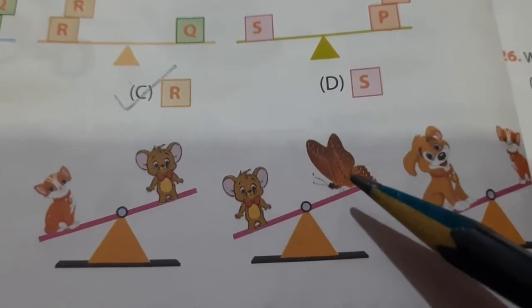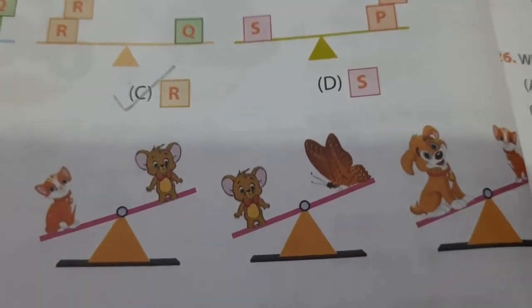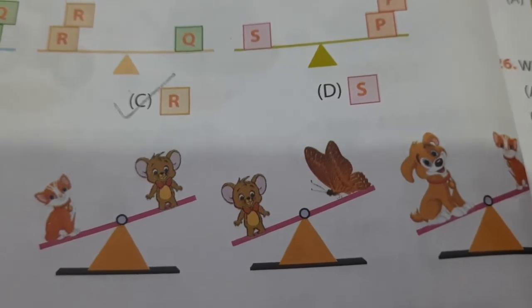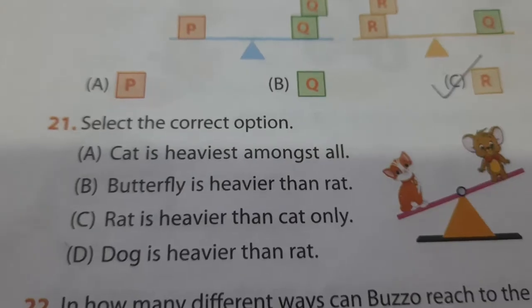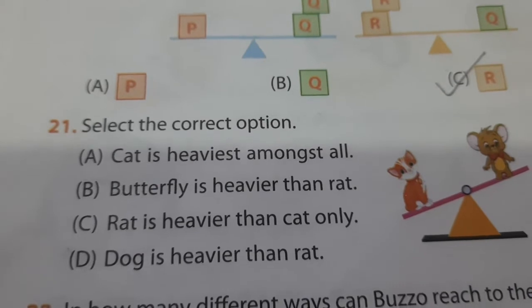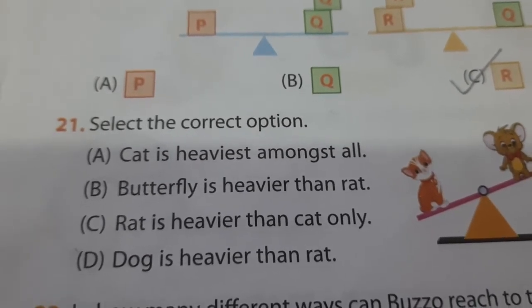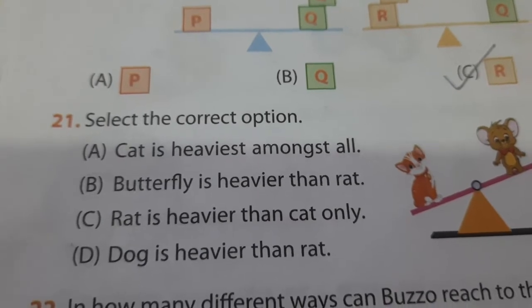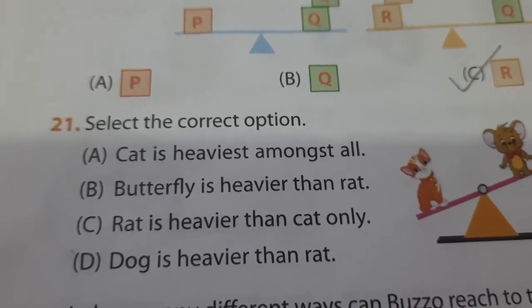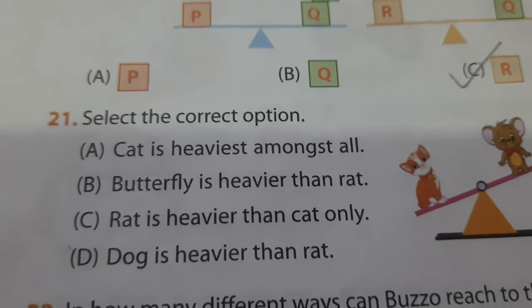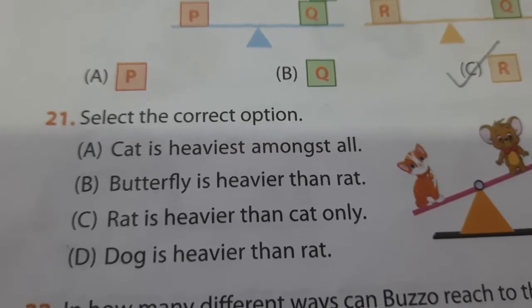So now let us look at the statements which are the options which are given for this. It says cat is the heaviest amongst all. Option A, no, because cat is not the heaviest. What we have found out is dog is the heaviest. Right. So this is not a correct option. Butterfly is heavier than rat.